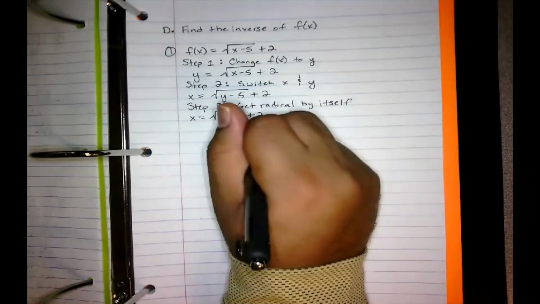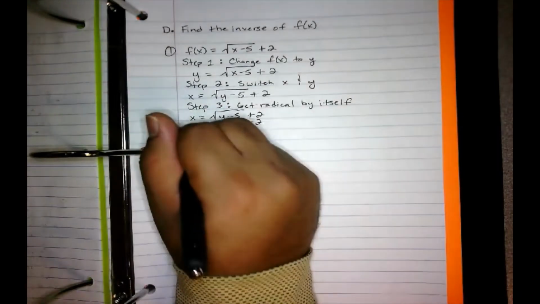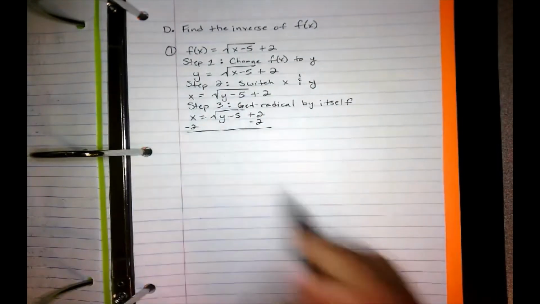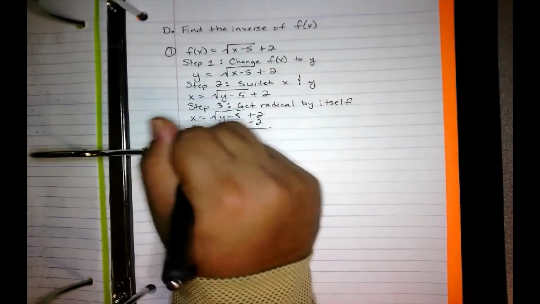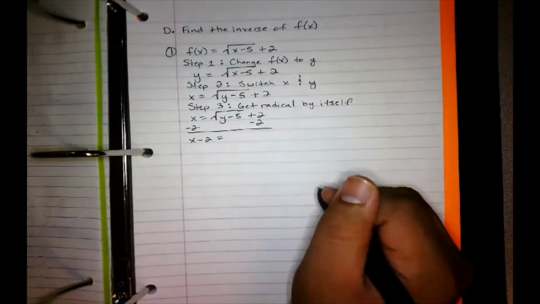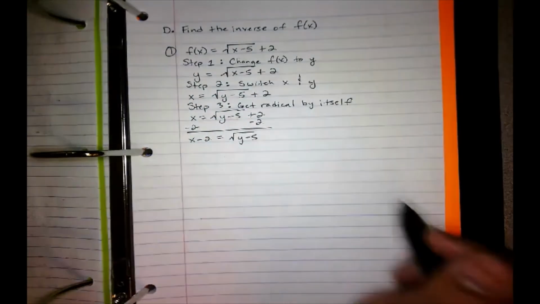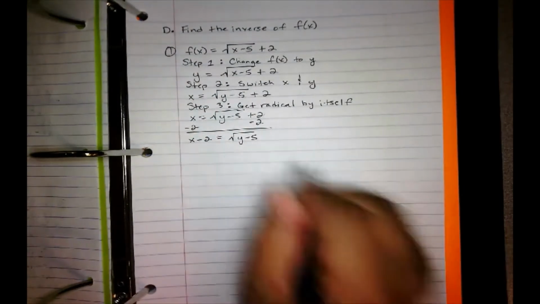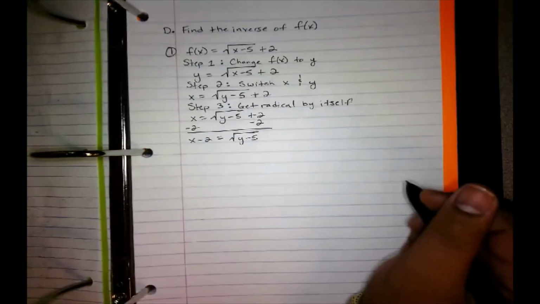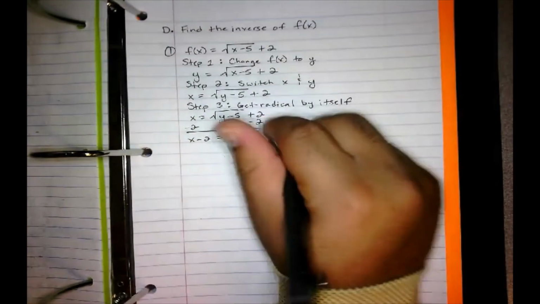I have to move my 2, so I subtract 2 from one side and subtract 2 from the other side. Now I'm left with x minus 2 equals the square root of y minus 5. So, radical by itself.